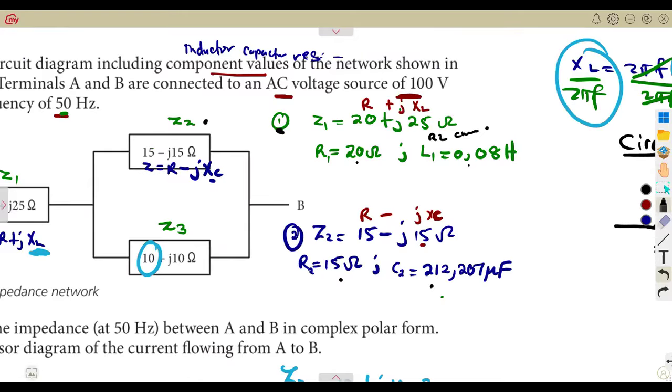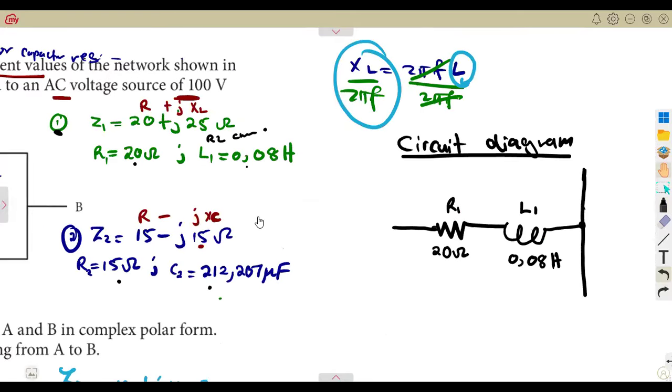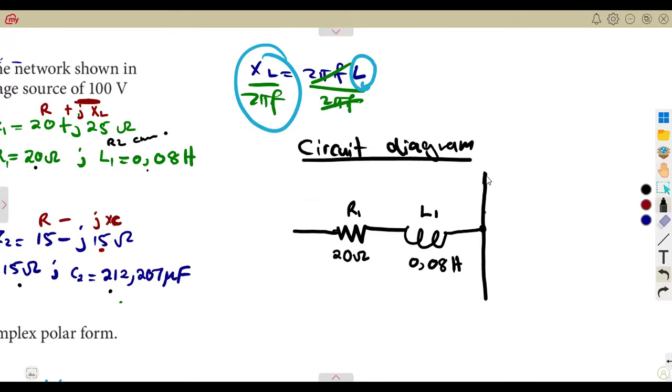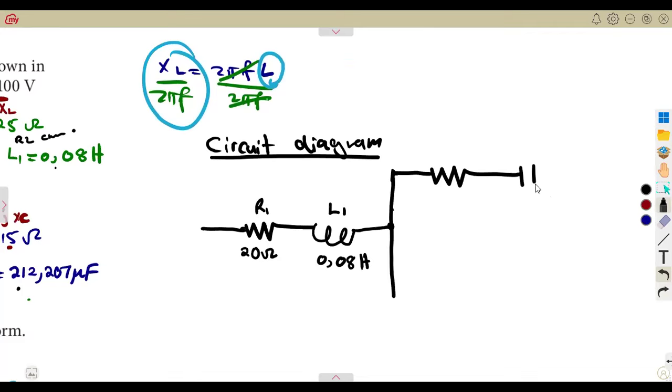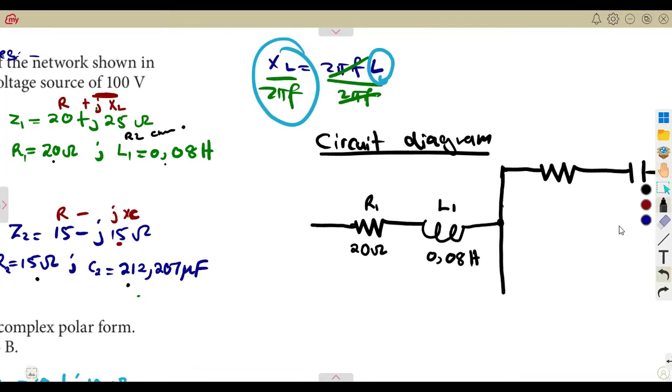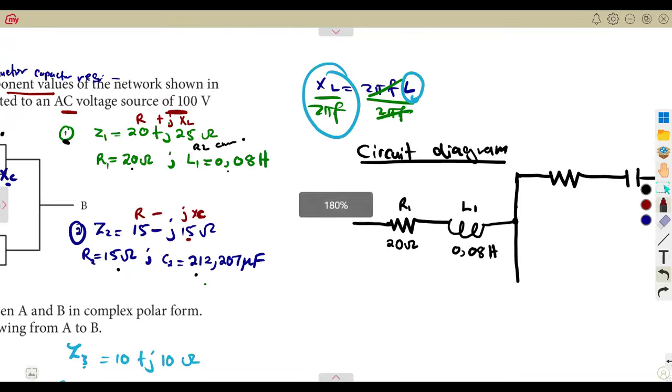So we are going to have a resistor and a capacitor. These are the two components that we have on our Z2, representing the whole of this Z2.